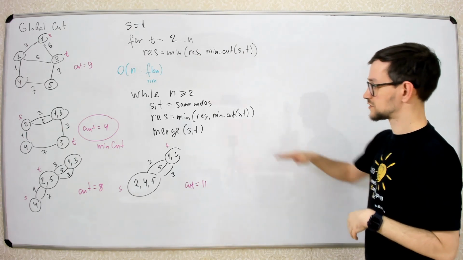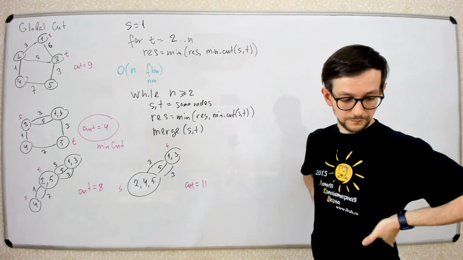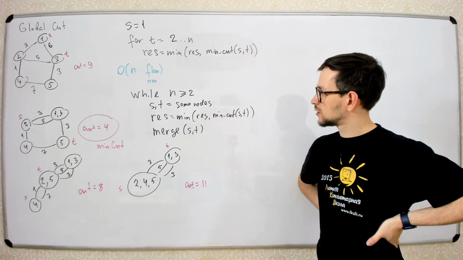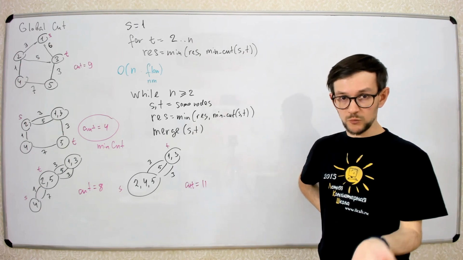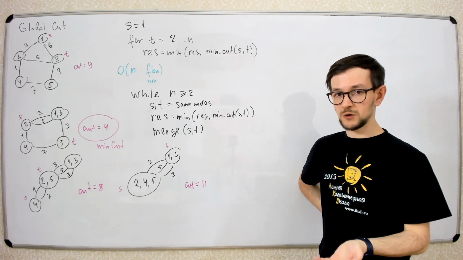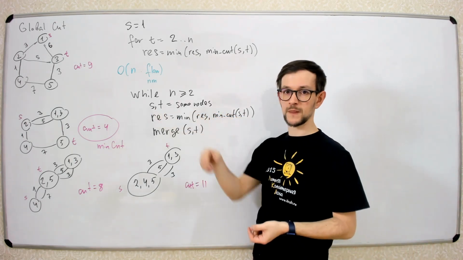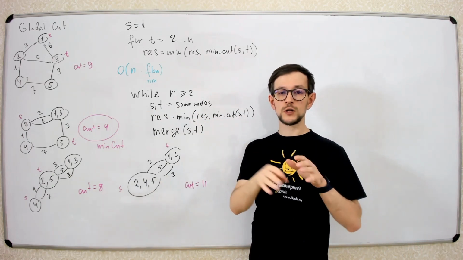Good. What is the time complexity of this algorithm? Why does this work? Okay, I thought I explained it. Why does it work? Because we tried all possible ways of building a global cut. Each time we take two nodes, and let's look at the global cut.